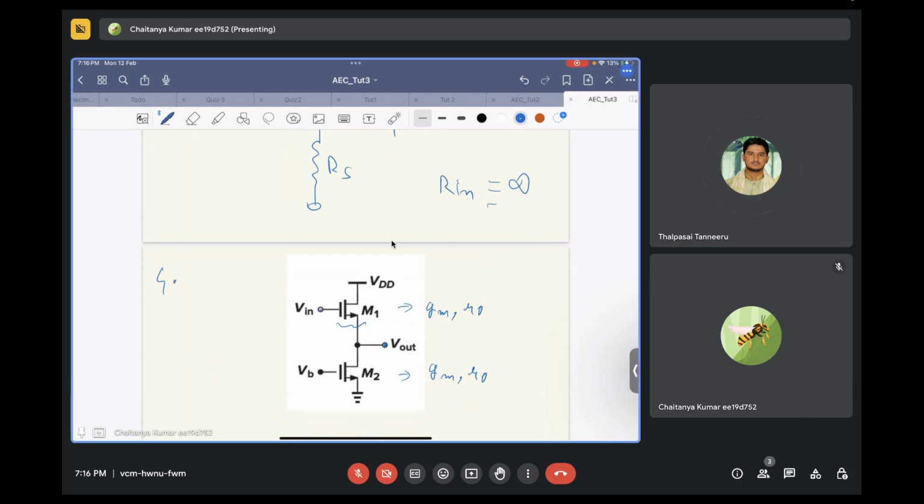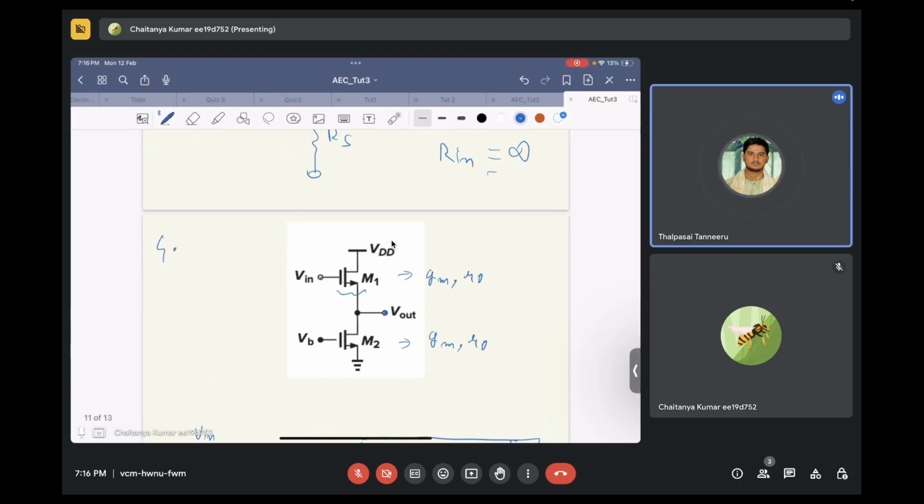So if GM tends to infinity, then in small signal infinity means there should be no current flow from input. If GM is infinity, we discussed the controlling parameter will become zero, right?